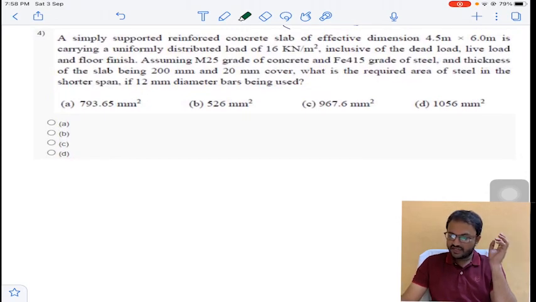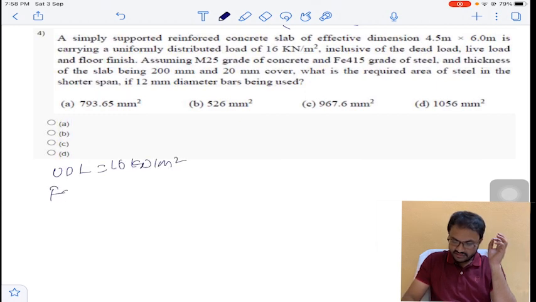A simply supported reinforced concrete slab of effective dimensions 4.5 meter by 6 meters is carrying a uniformly distributed load, that is UDL. He has given UDL is equal to 16 kilonewton per meter square. So then calculate factored UDL.